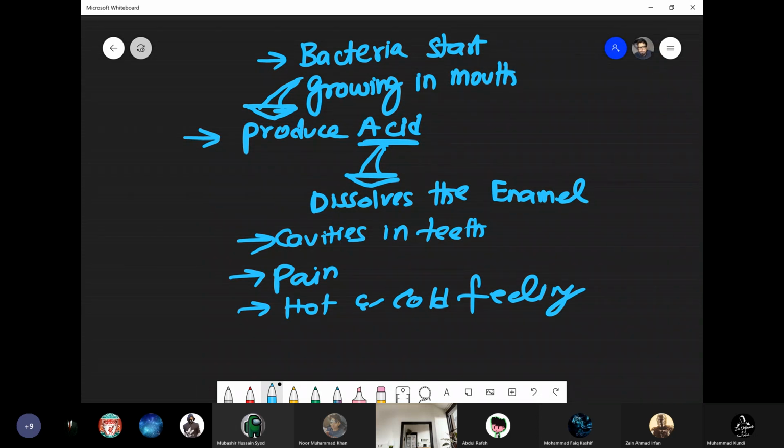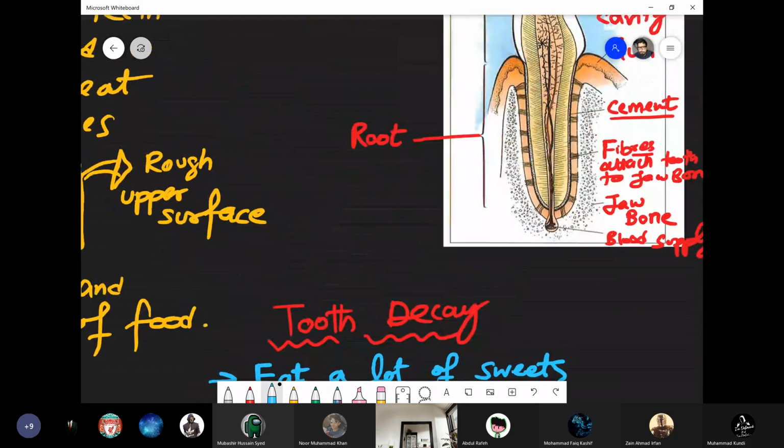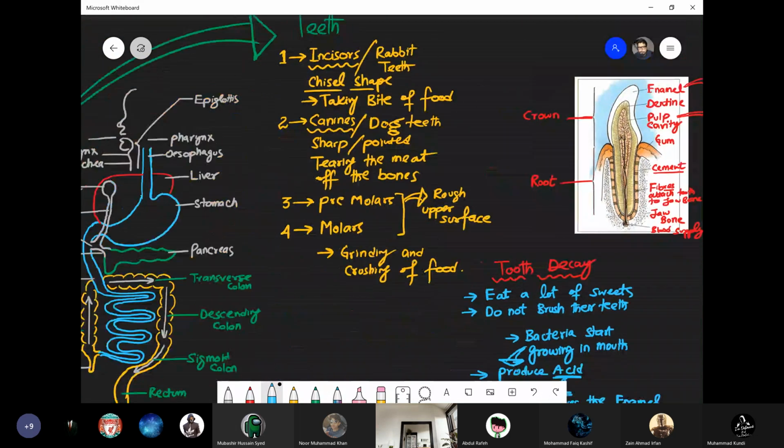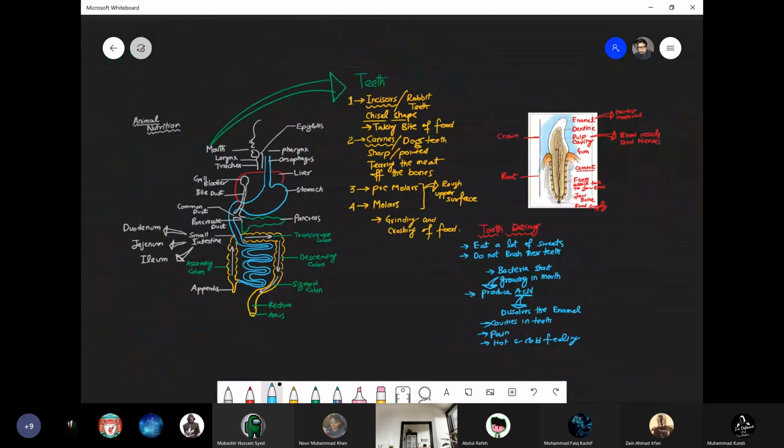Now, in this case, when the person goes to the doctor, the doctor can advise a process which is called filling, in which, with the help of a special chemical which is also called cement, the artificial one, they fill the cavities. Or if the damage is too much and the tooth is totally destroyed, then the doctor will pull the tooth out with the help of pliers, and then a person can live without the teeth.